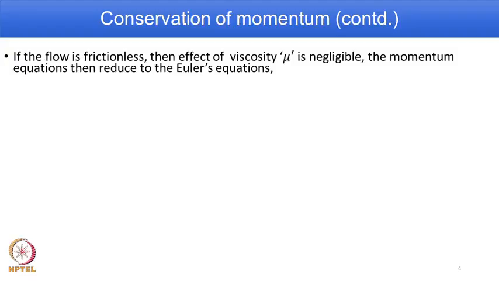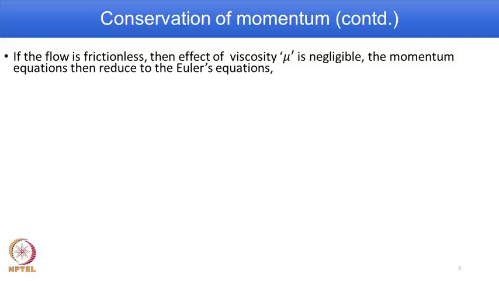Like we did in conservation of mass, if you simplify for different situations, the original generic continuity equation gets reduced, for example to two dimensional with only the spatial derivatives. Similarly, the conservation of momentum equation can also be reduced for different simplified situations.